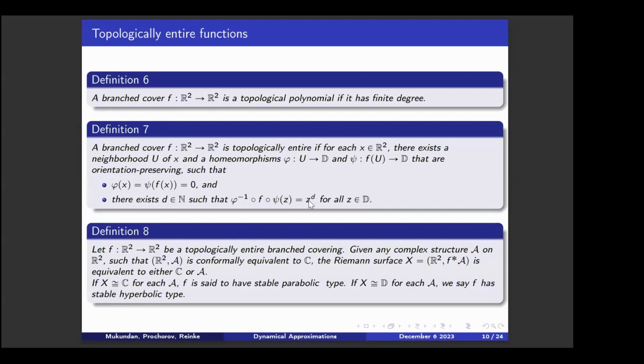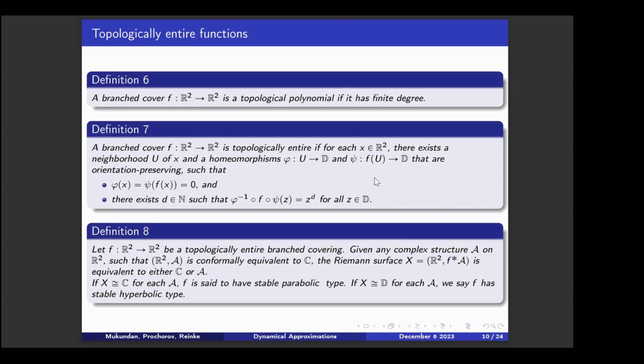And lastly, the crucial thing is this. Let's say you have a topologically entire branch covering. If you give me any complex structure, basically a quadratic differential A on R2, such that the Riemann surface (R2, A) is equivalent to the plane, then the Riemann surface (R2, F star A), where F star A is the pullback of A, can be equivalent to either C or D, because the only restriction is that it's simply connected and not the sphere.